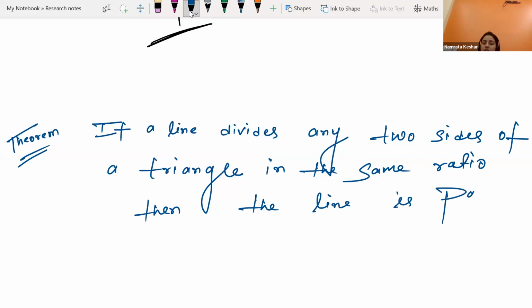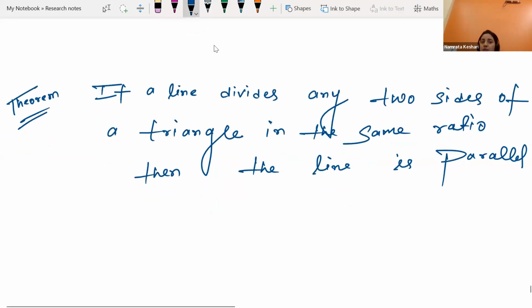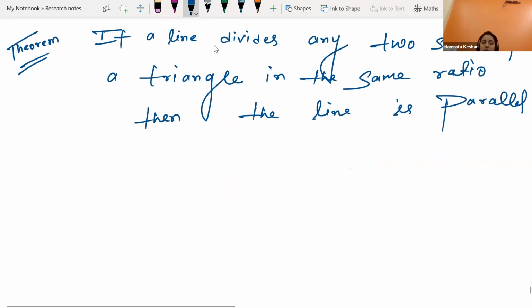This is the converse of the basic proportionality theorem. You already know this theorem. Today we are going to prove it. If a line divides any two sides of a triangle in the same ratio, then the line is parallel to the third side.